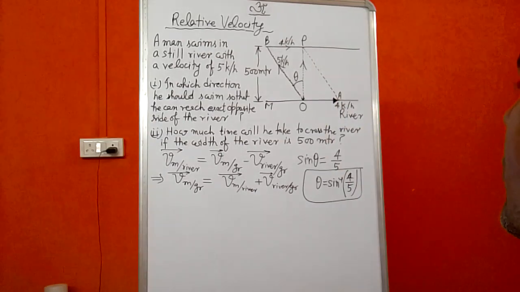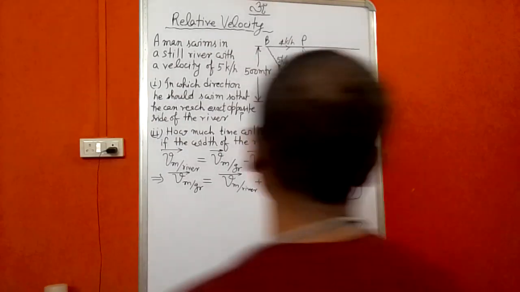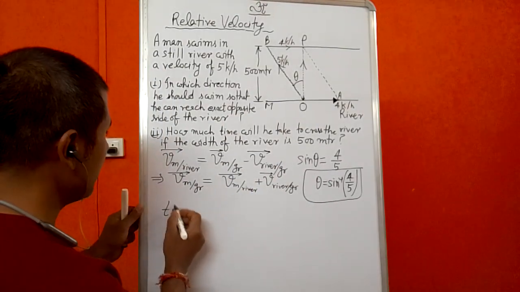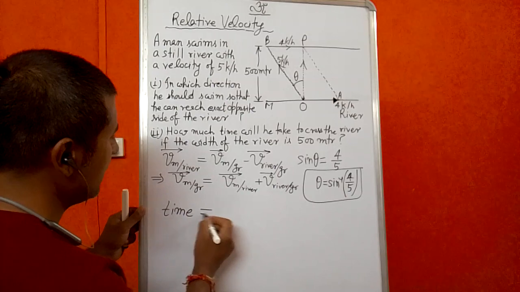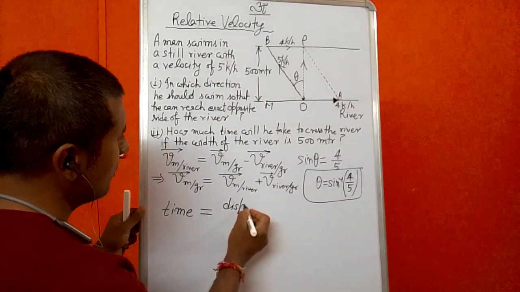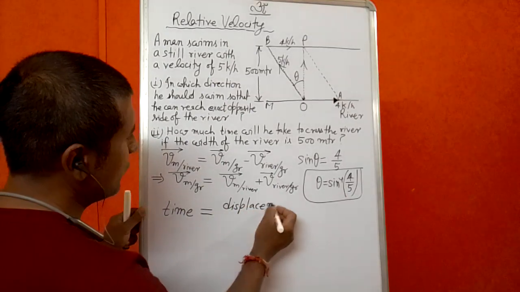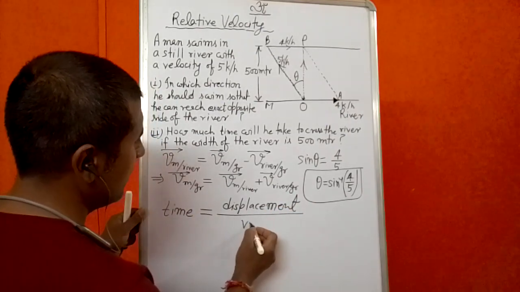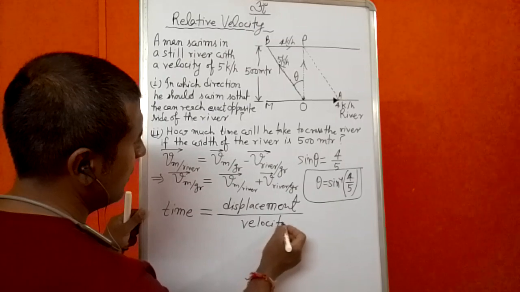So time taken is equal to displacement upon velocity.